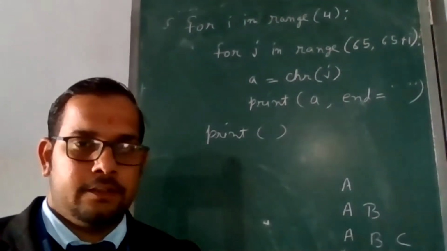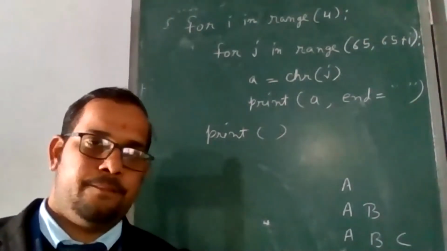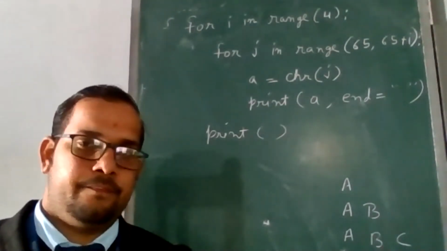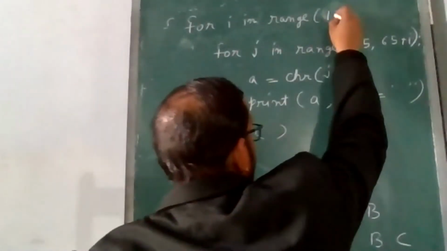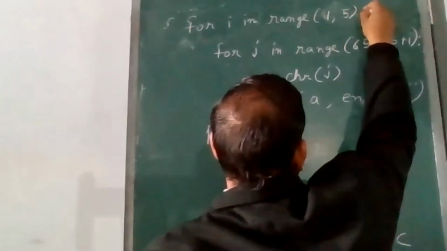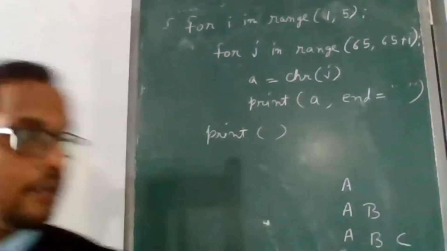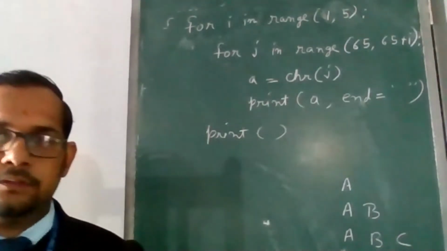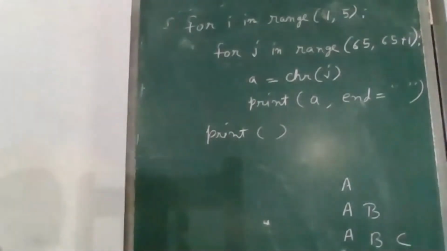No, sir. So we have to correct this in the first line, 1 comma 5. Now this much change you have to do here, 1 comma 5. Then this code will work.